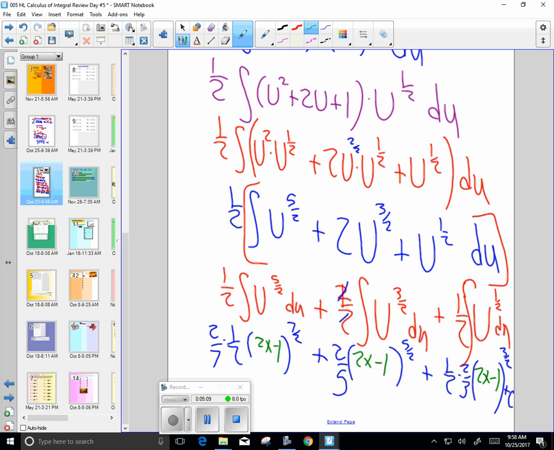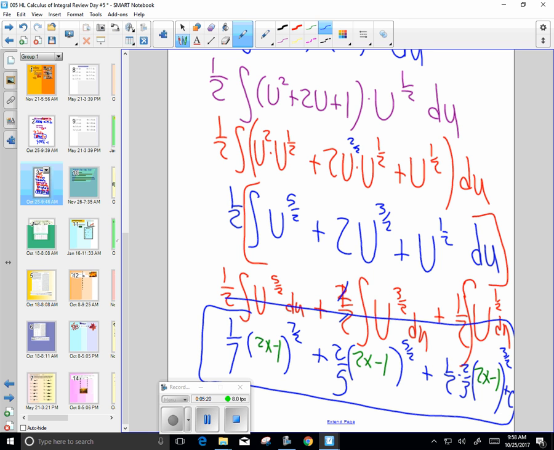And then this simplifies to 1/7. And this one simplified to 1/3. I think that's what I had. Yep.